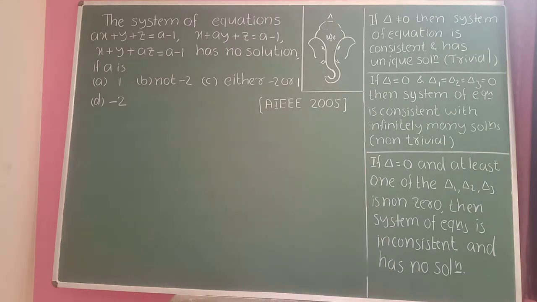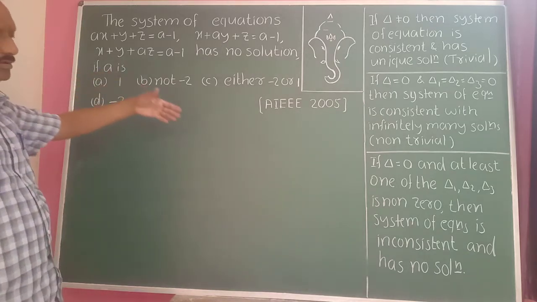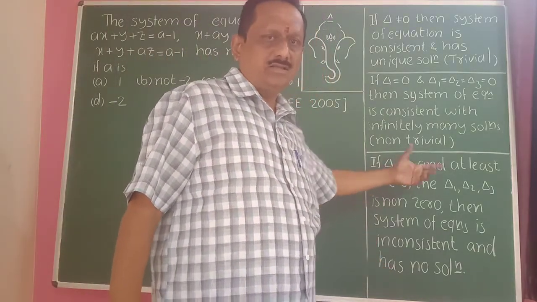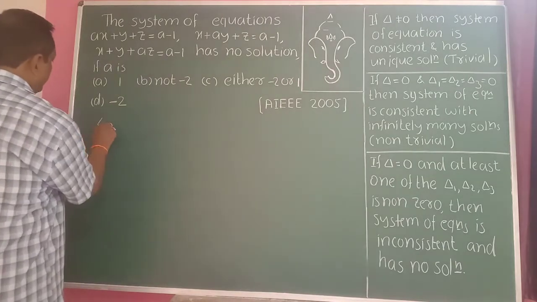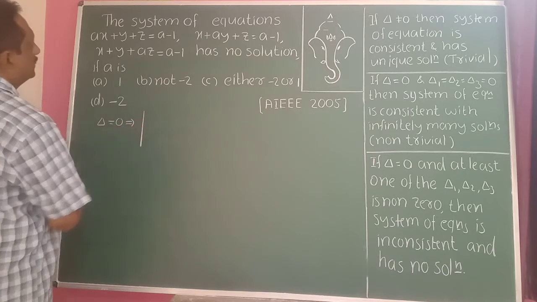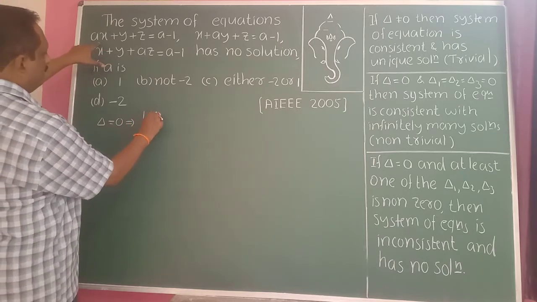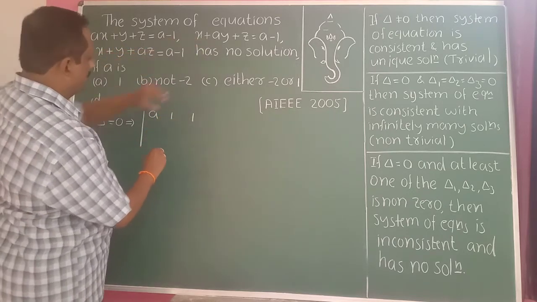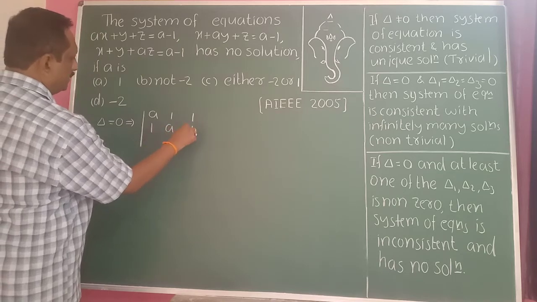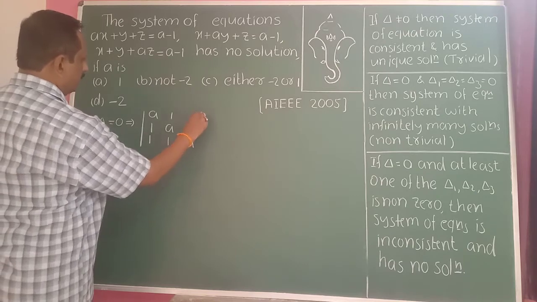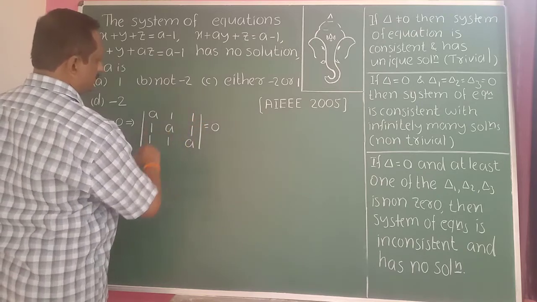Okay, the system of equations has no solution if A is... So now if the system has no solution, then obviously delta is 0. Yes, delta equal to 0 implies the determinant of 1, A, 1; 1, 1, A... that is equal to 0.